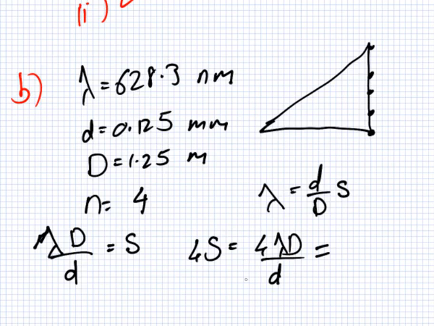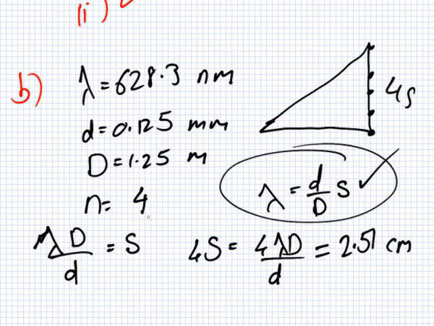I get the right answer. It is this. I get 2.51 centimeters for 4s. So Tekken, thank you for all your right answers earlier. But do you know what? You might be thinking maybe in class I wrote it this way.